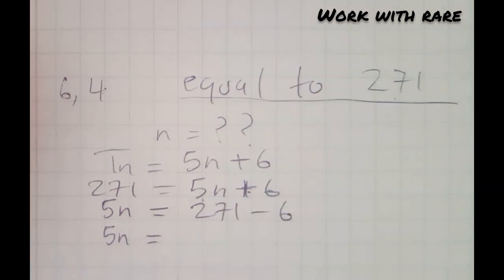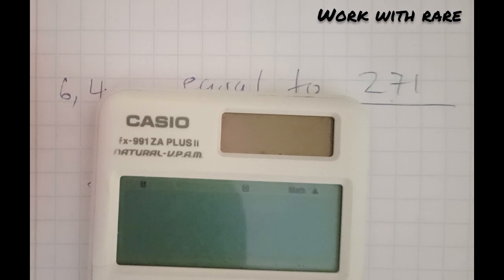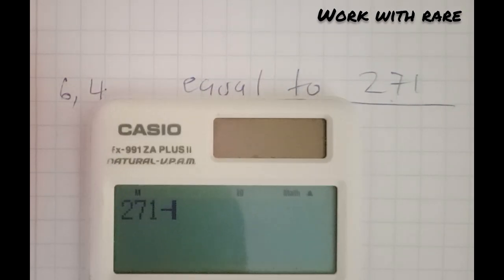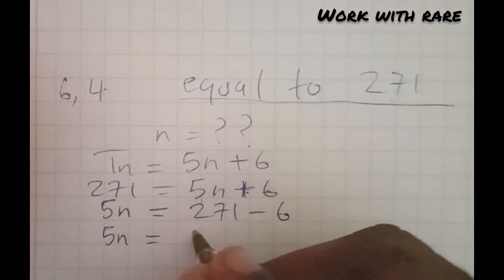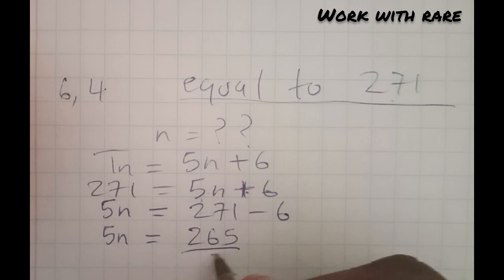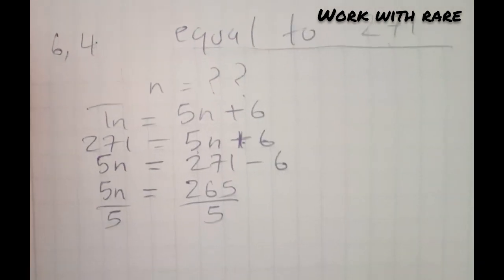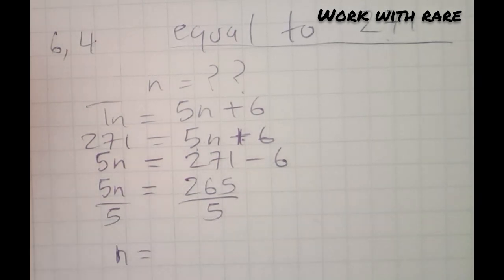From here you can take your calculator and say 271 minus 6 is 265. So I'll say 265, divide both sides by 5. If I divide both sides by 5, here I'll be left with n.